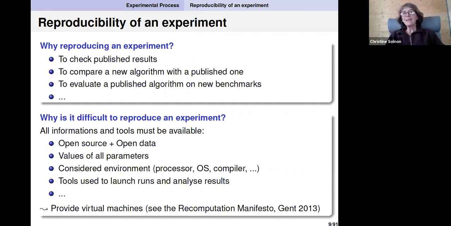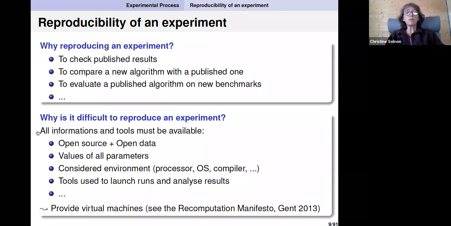And usually if you don't compare yourself with state-of-the-art approaches, reviewers will ask you to compare yourself with published results. So it is very important to be able to reproduce an experiment, but it is usually quite difficult.